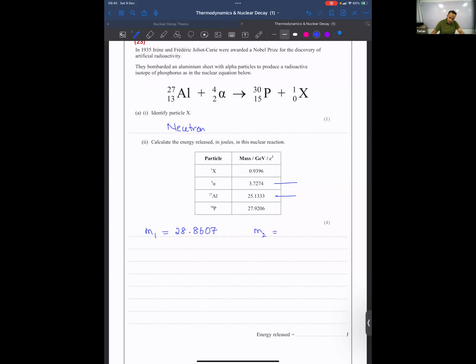So the mass of the particles after the decay, this particle X and phosphorus, is 0.9396 plus 27.9206. So that is 28.8602. So the mass defect, the mass reduction in this nuclear decay, is M1 minus M2.